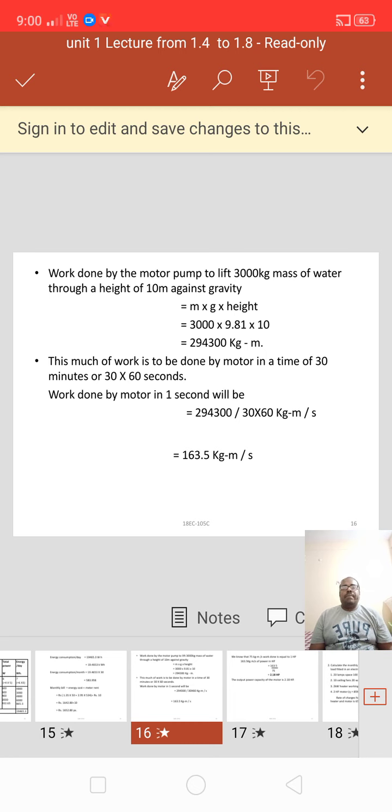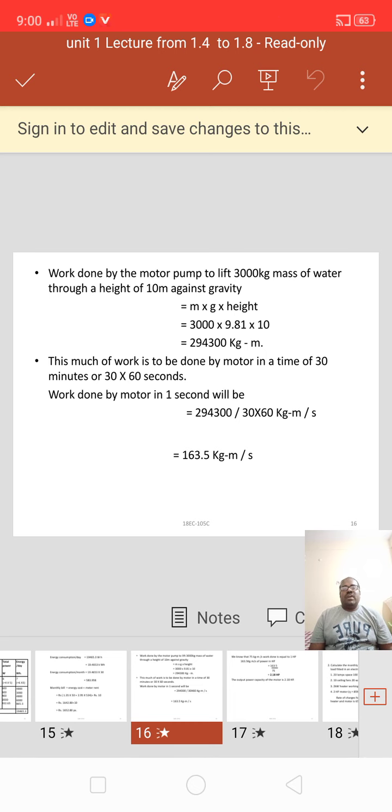Now, work done by the motor pump to lift 3000 kg mass of water through a height of 10 meters against gravity. We know that work done is equal to mass into gravitational acceleration into height, that is 3000 into 9.81 into 10, that is 294300 kilogram meter.